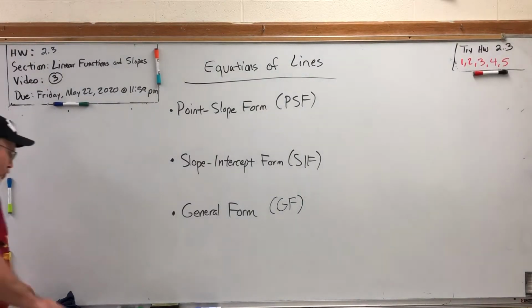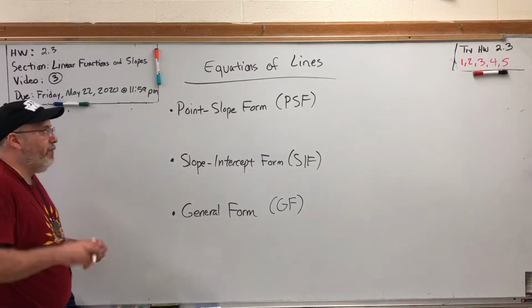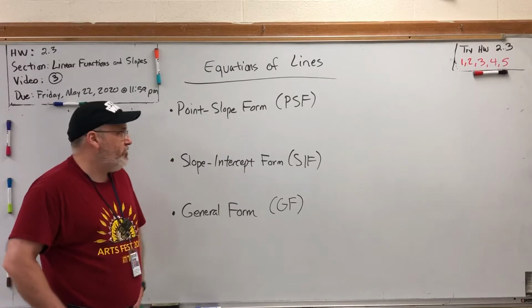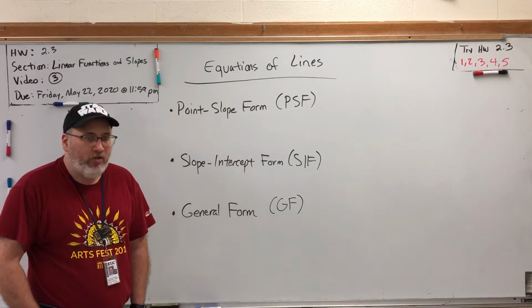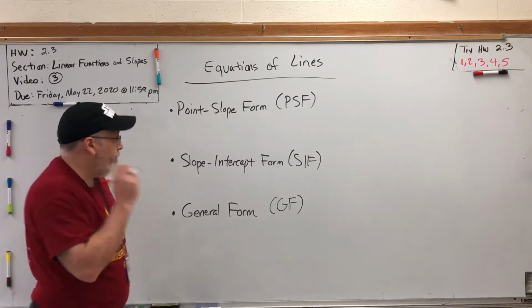The point-slope form, as its name implies, is the form of the equation of a line that you can build if you have a point on the line and the line's slope.